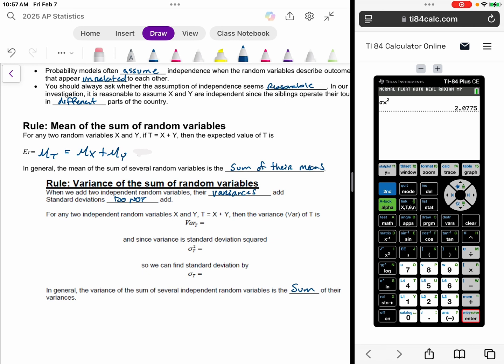For any 2 independent random variables, x and y, t is equal to x plus y, then the variance of t would be equal to the variance of the random variable x plus the variance of the random variable y. Since variance is the standard deviation squared, we could say that the standard deviation of t squared is equal to the standard deviation squared of x plus the standard deviation squared of the y variable.